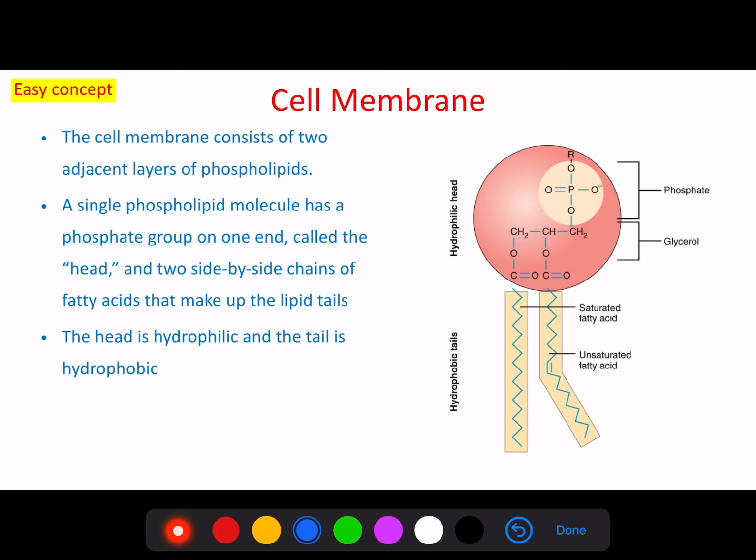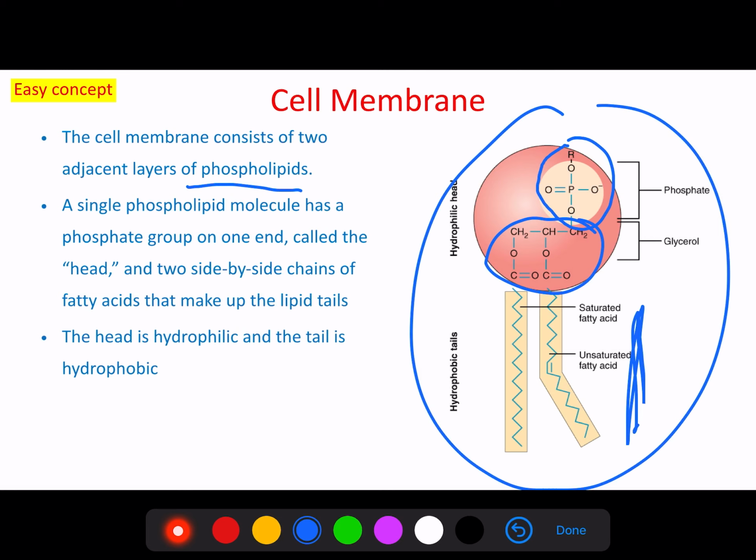For the cell membrane, as we saw in chapter 2, it's basically made out of two layers of phospholipids. If you remember the phospholipid, we have two chains of fatty acids, we have a glycerol group, and we have a phosphate group. So this is the structure of the phospholipid.